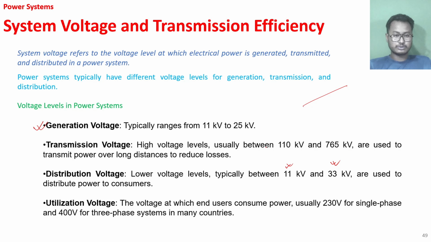They are used to distribute power to consumers. And utilization voltage is the voltage at which the end user consumes power. Usually 230 volt. At our home we usually use 230 volt for single phase, and 400 volt for three phase systems in many countries. Here we mainly use 230 volt in India.